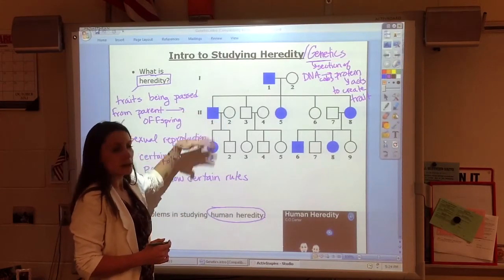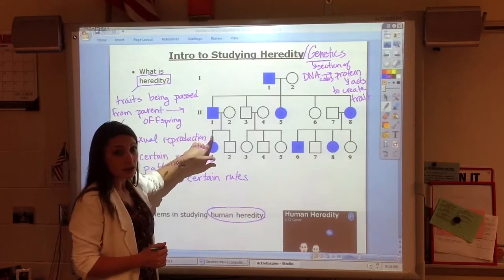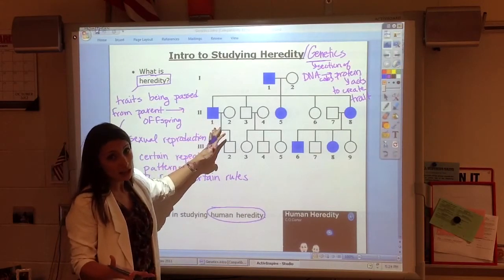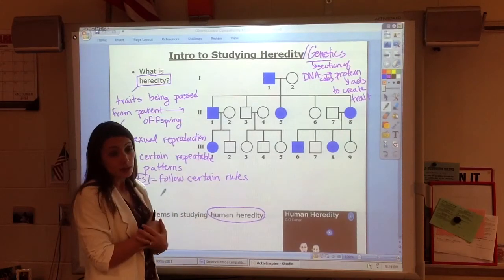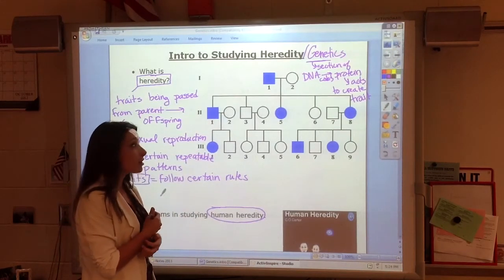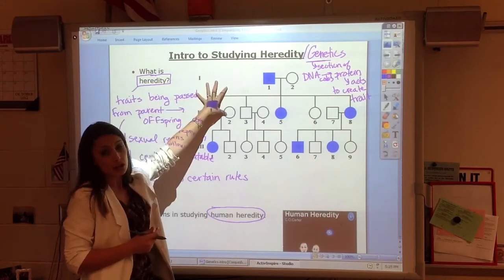It doesn't skip any generations. And so what we see is that some traits, for example, Huntington's disease, like you saw yesterday, the very first gene in humans that was identified was actually for a brain disorder called Huntington's disease. So some traits are purely genetic.